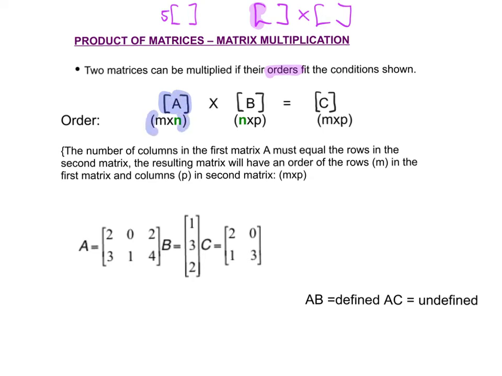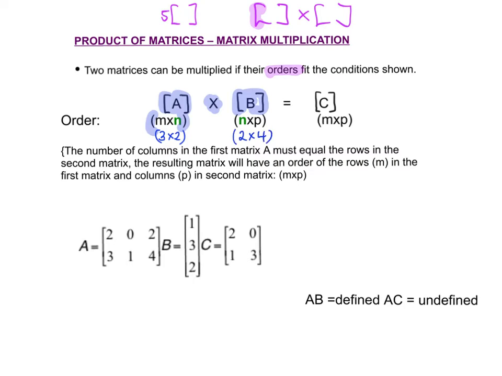So say, for example, I might say matrix A is a 2 by 3, okay? And then it's going to be multiplied with, say, matrix B, and I'm going to say matrix B has a 2 by 4 order.